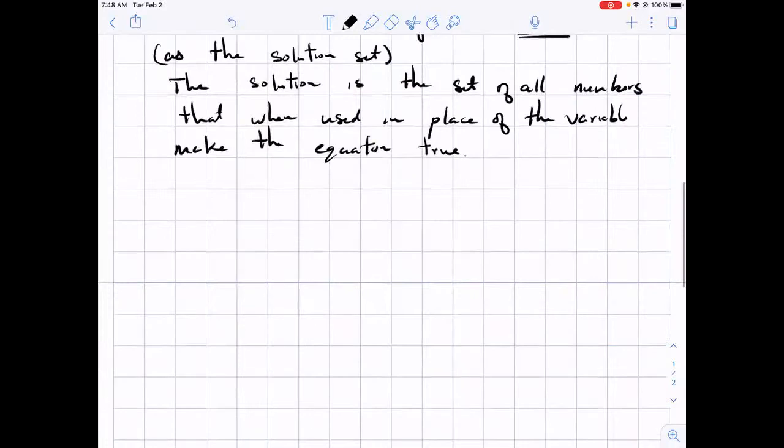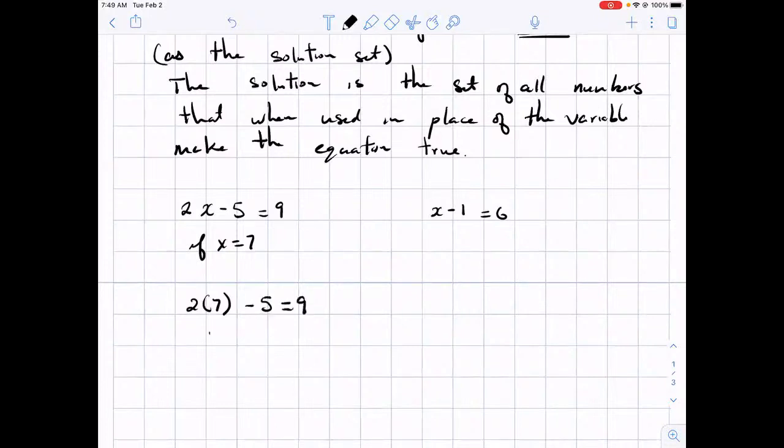Well, if we have, for example, 2x minus 5 is equal to 9, and we have x minus 1 is equal to 6, you will see that if x is equal to 7, then this equation here becomes equal, because 2 times 7 is 14, minus 5 is equal to 9.